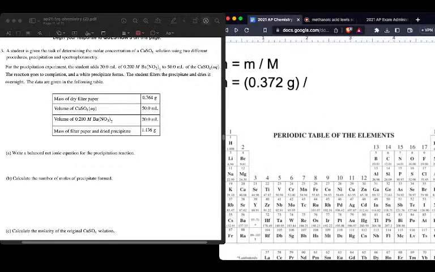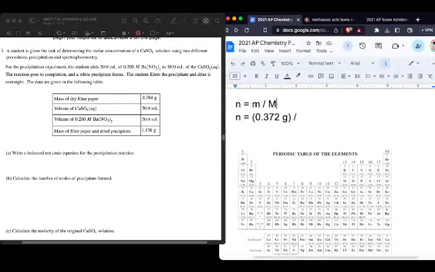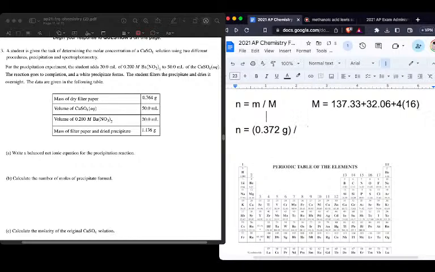Nice. I'll do that side calculation here for you. 137.3 plus 32.06 plus 4 16s gives me 233.39. Those units are grams per mole.